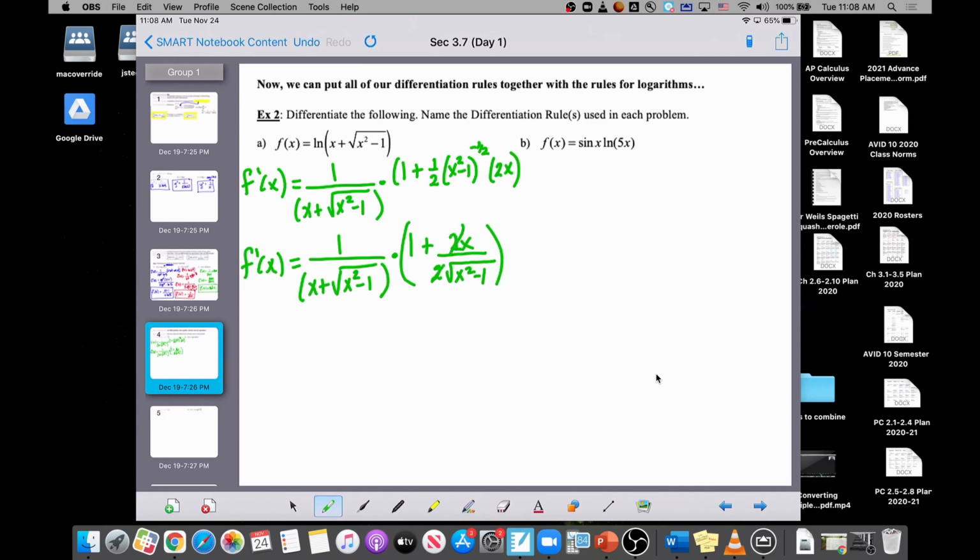I can cross out those 2's, so then I have 1 plus x over the square root of x squared minus 1.